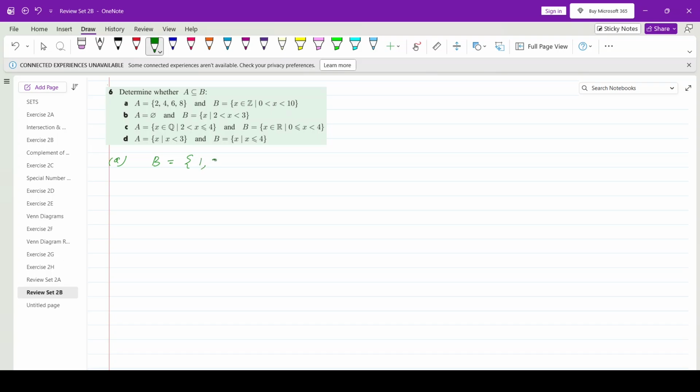Therefore, this is going to be 1, 2, 3, 4, 5, 6, 7, 8, and 9. Now, are the elements of A, 2, 4, 6, and 8, a part of B? Yes. Therefore, we can say yes, A is a subset of B.